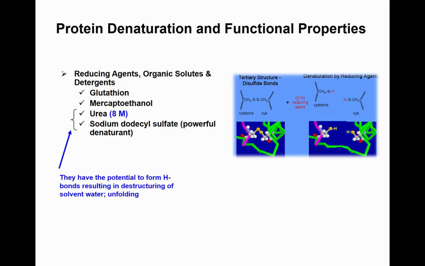Urea specifically breaks hydrogen bonding because it can form strong hydrogen bonds with residues, and it destructures the water around the protein. You know, the water forms a certain structure around the protein. Presence of urea disrupts hydrogen bonding of the protein with the water and with internal hydrogen bonding within the molecule itself.